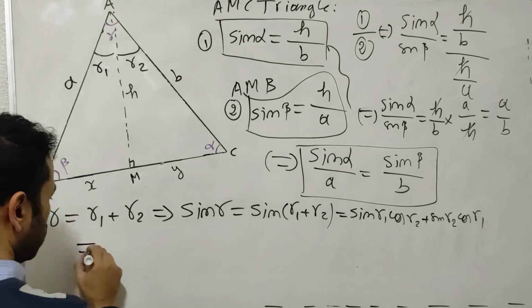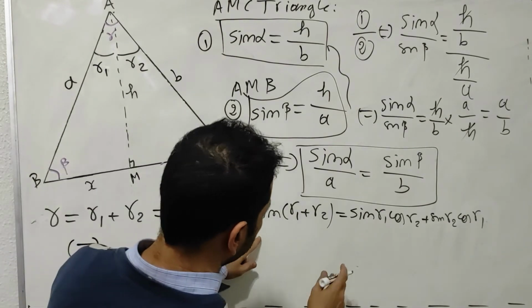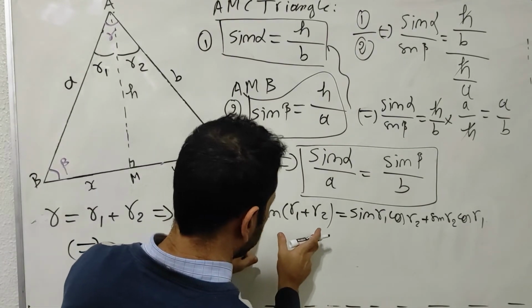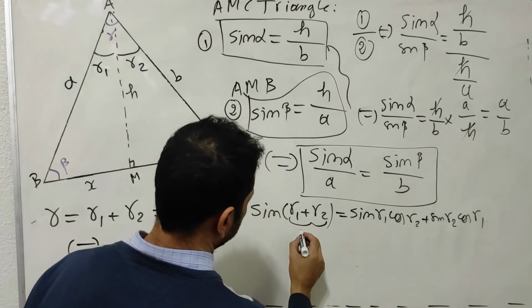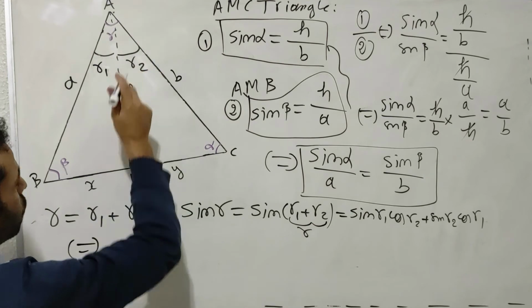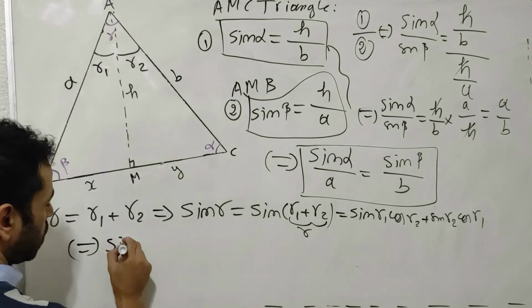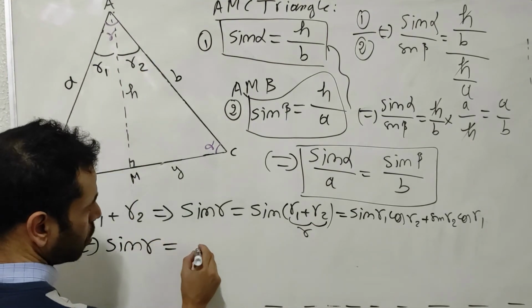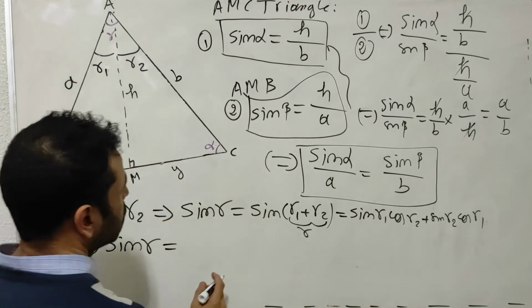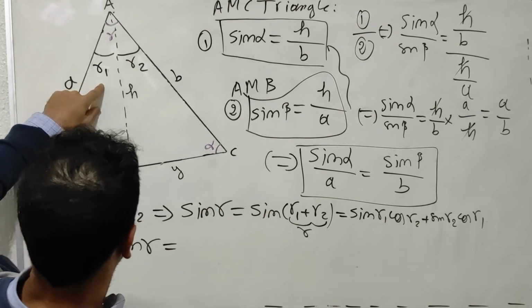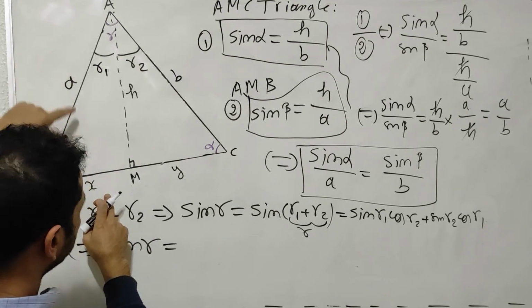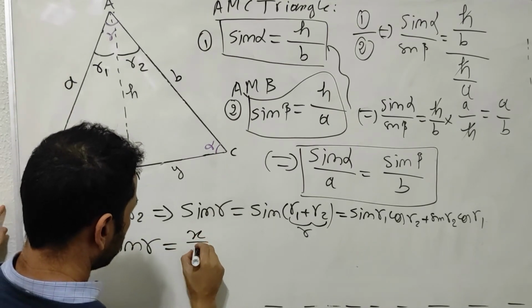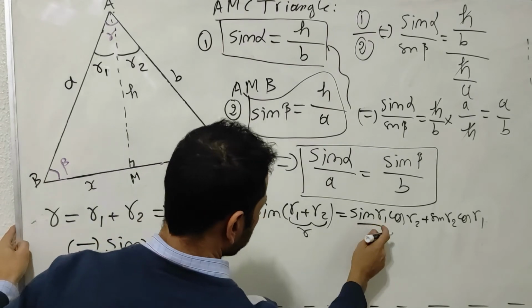What I'm going to do now is equivalent. As you know, gamma 1 plus gamma 2 gives us gamma, because it's the sum of these angles. So I will have sine of gamma equals sine of gamma 1, which is x, opposite, over hypotenuse, which is A, so x over A. I'm replacing this one.